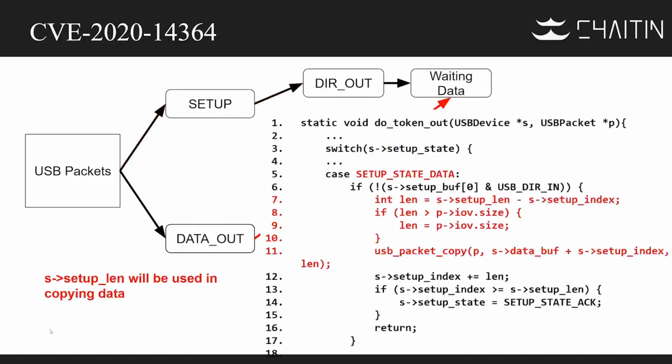QEMU uses a function named do_token_out to handle it. As the code shows, if the setup state is SETUP_STATE_DATA, it will copy data between the USB packet we send and the data buffer by using the setup length.